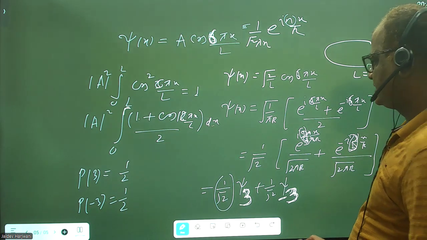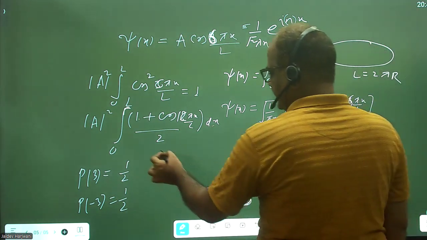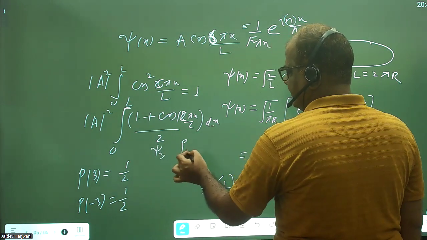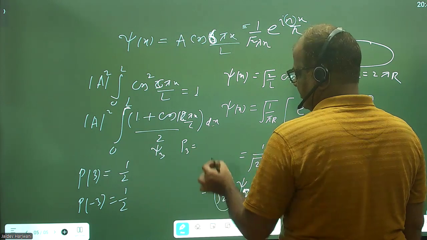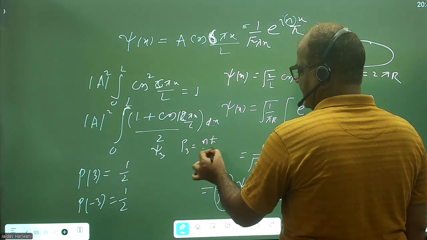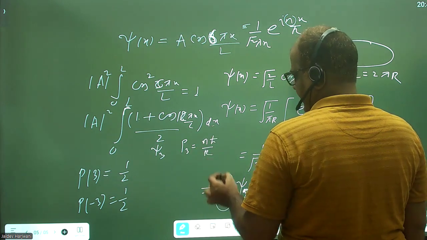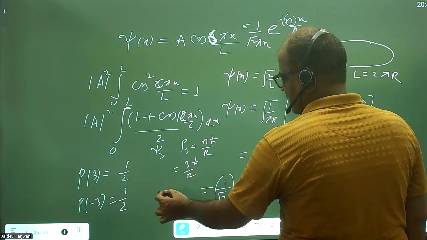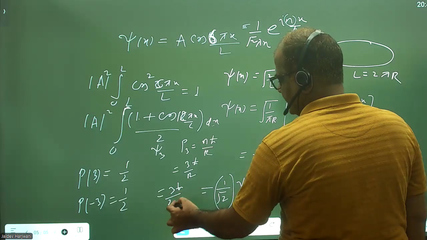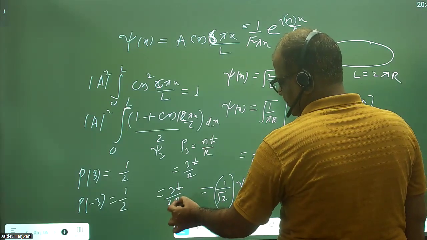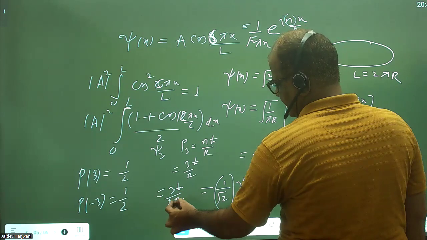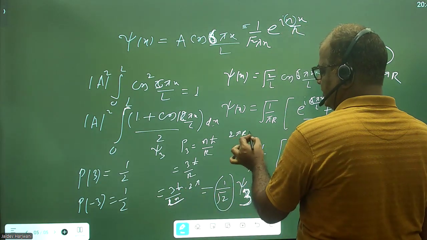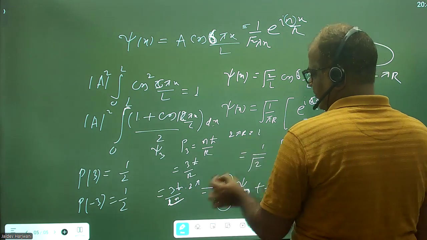That means if we are in state psi 3, my momentum will be P3, and the momentum was n ħ upon r, so here 3ħ upon r. Since 2πr is equal to L, r equals L upon 2π.